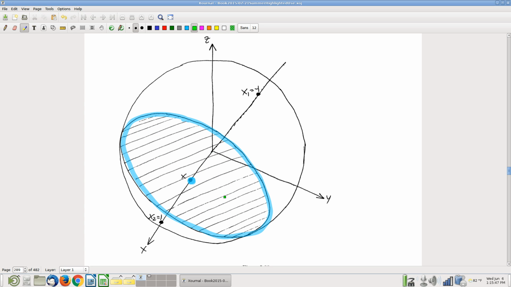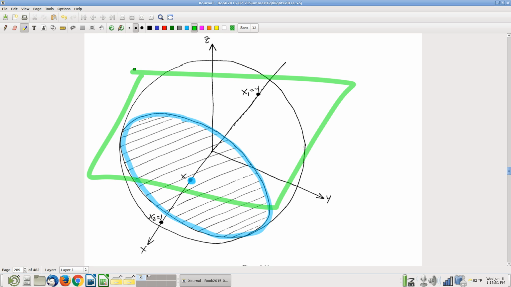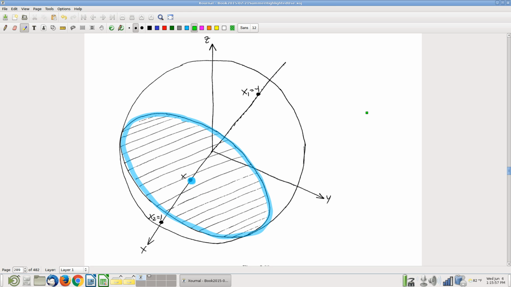A z slice means a slice perpendicular to the z-axis, so a horizontal slice here. How does that slice up this disk? I claim it's going to be kind of like that. Everybody see the geometry there?